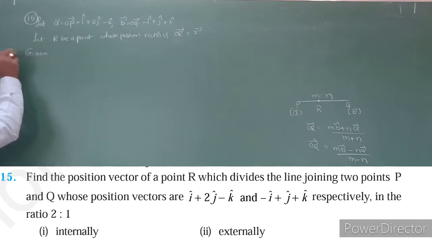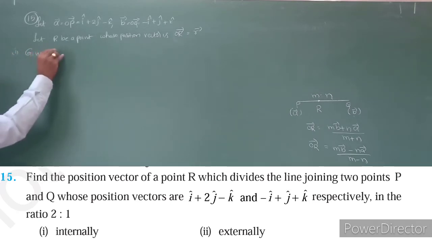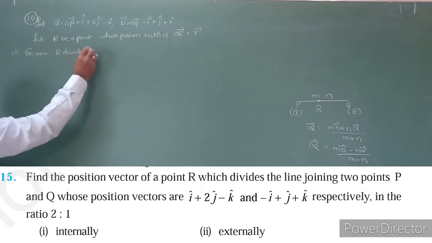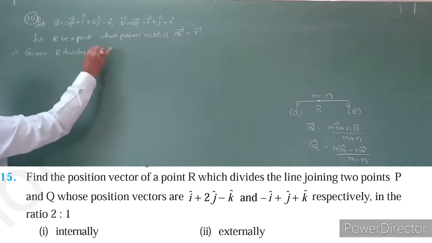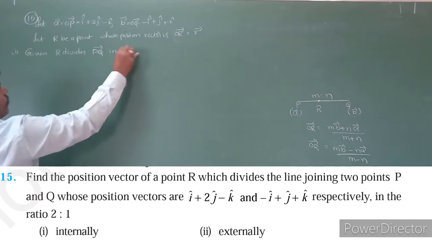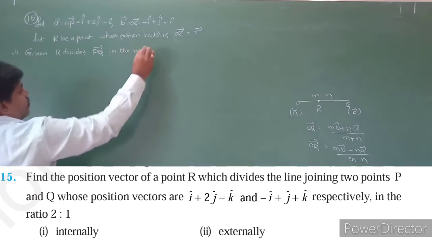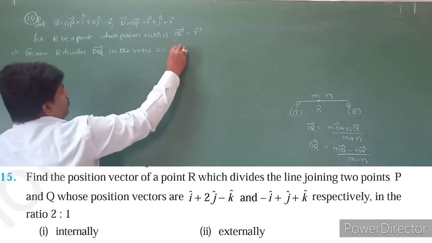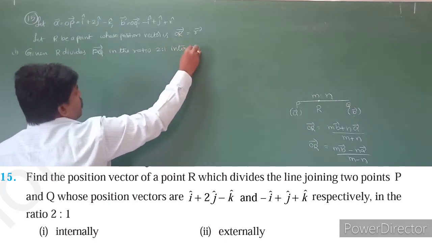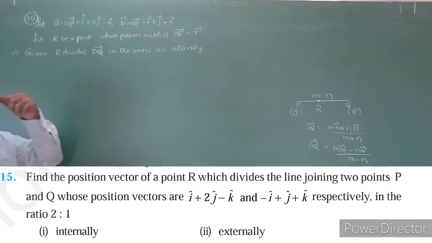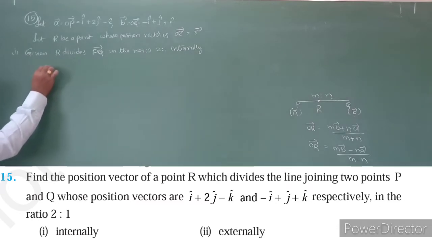Given, first case, R divides PQ bar in the ratio 2:1 internally. So what is R bar?